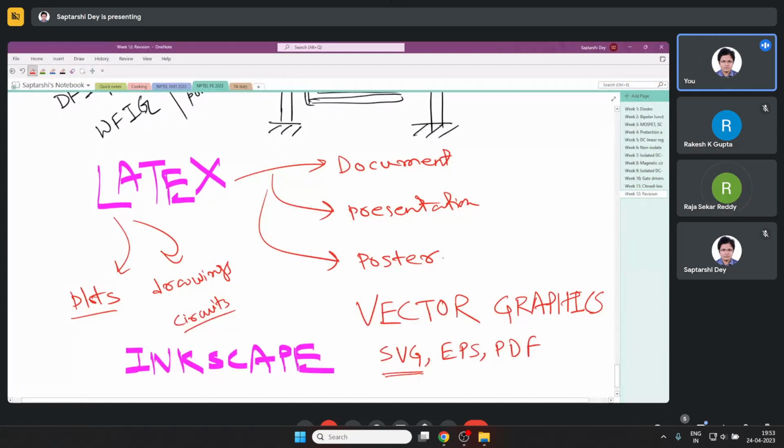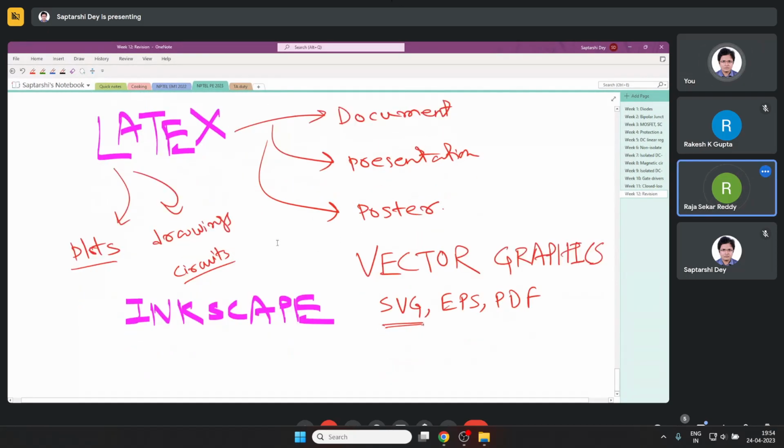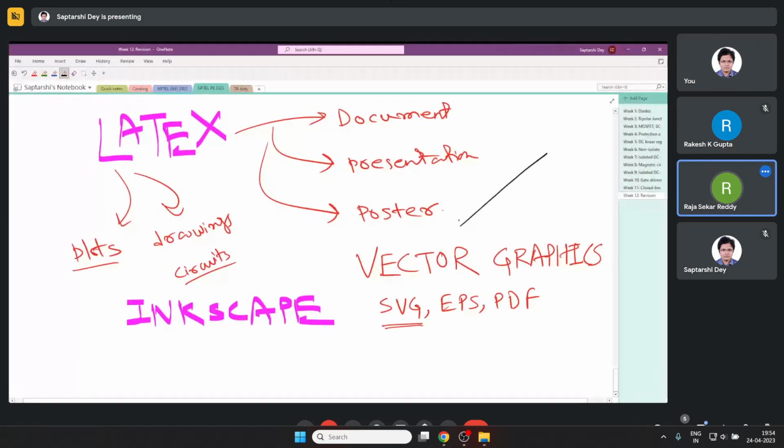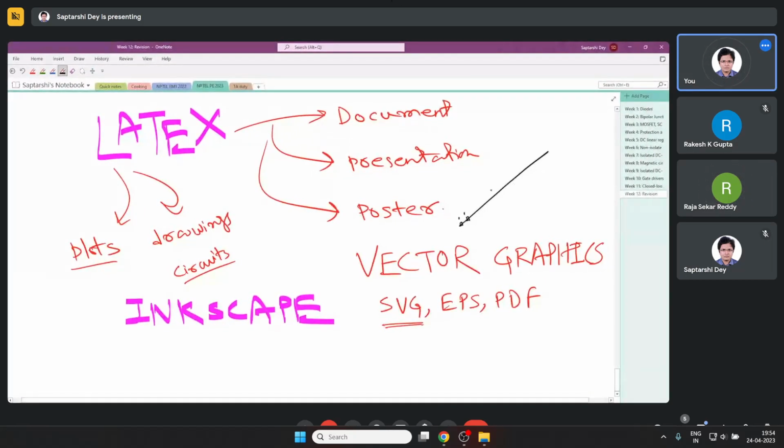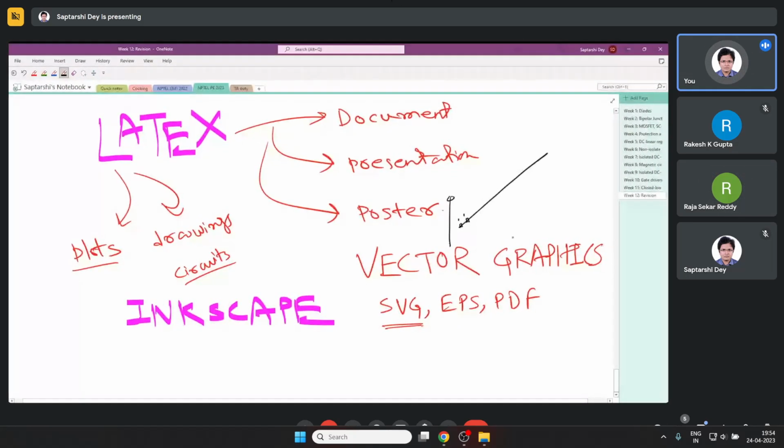It will never be pixelated, because when you draw a straight line, a pixel-based format takes information: at this pixel it is like this, at this pixel it is like this. But vector graphics doesn't keep it like that. It works like a vector.